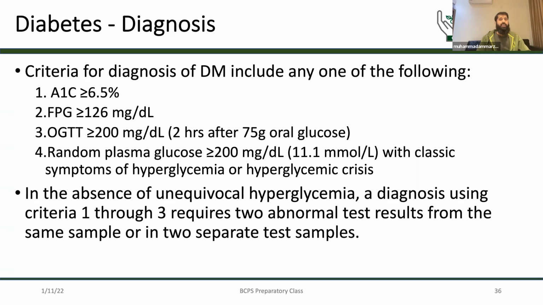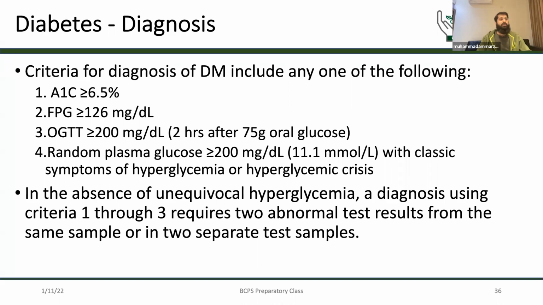So if you have to make a diagnosis of diabetes from the criteria 1 to 3, there should be at least 2 abnormal tests. So for example, a patient came with an A1C of 7.5 or 8 and fasting plasma glucose of 150 milligram per deciliter, then 2 criteria of diagnosis are met, and we can make a diagnosis of diabetes.